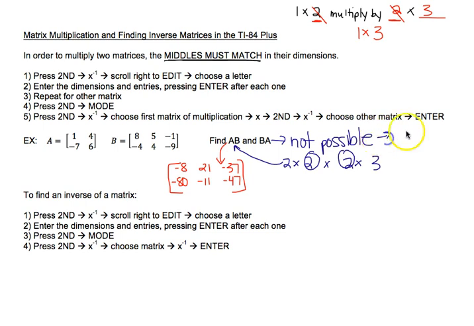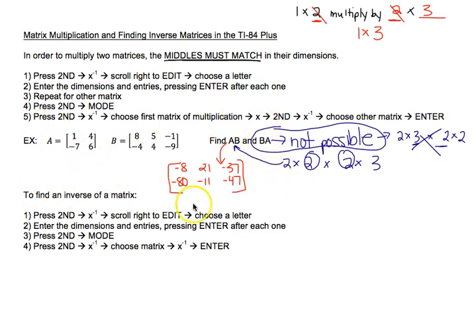But this one, we had B first, which is a 2 by 3, and we were trying to multiply it by a 2 by 2. And so in this case, the middles did not match. So it is not possible to take matrix B times matrix A.